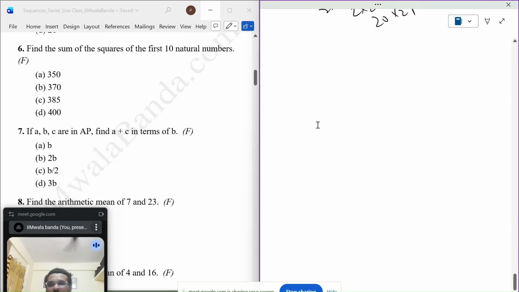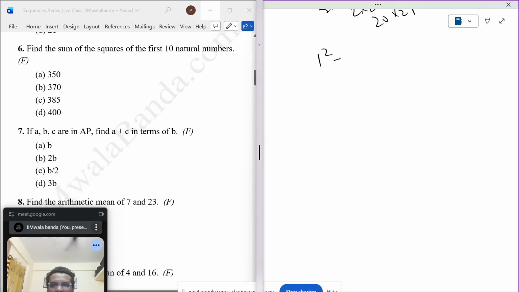Find the sum of the squares of the first 10 natural numbers. Every time you see a question, first write it as a series. Now we haven't done this yet, but there is a way of solving it, and I'll quickly tell you the formulas. The sum of the first n natural numbers we just learned.